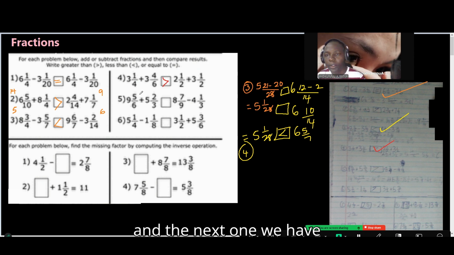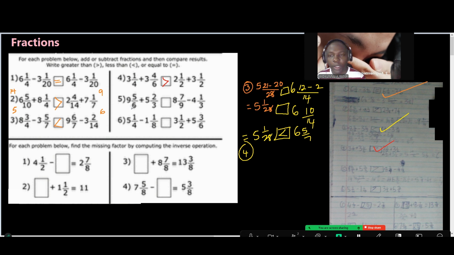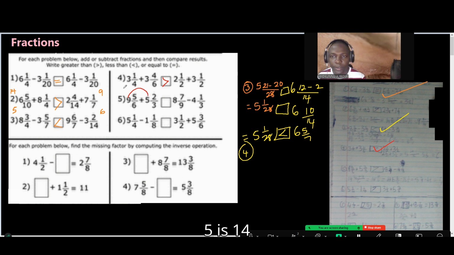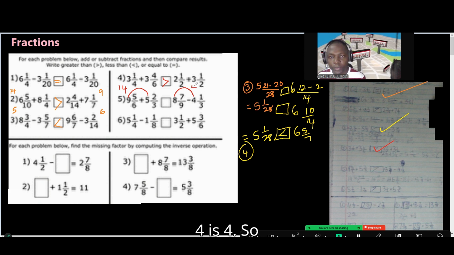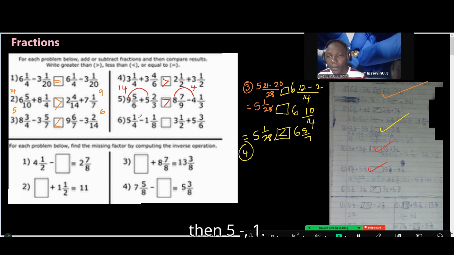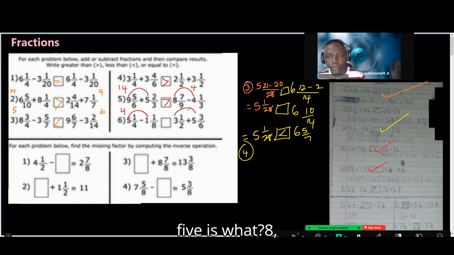Okay. And the next one, we have 9, 5. So 9 plus 5 is 14. And 8 minus 4 is 4. So this is obviously greater than. Then 5 minus 1 is 4. 3 plus 5 is what? 8, right?